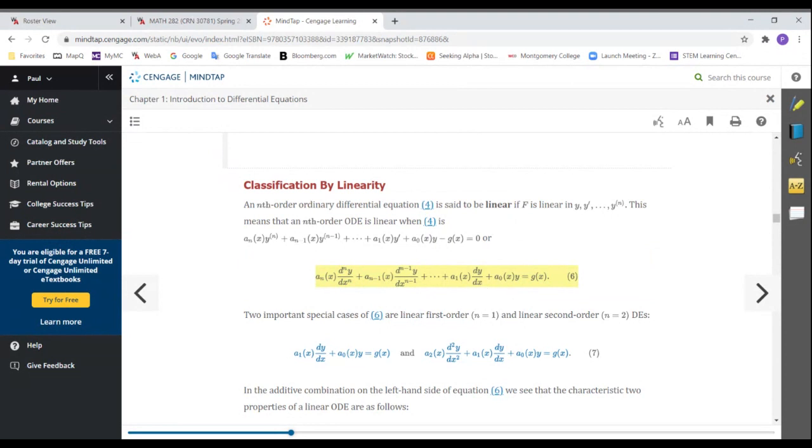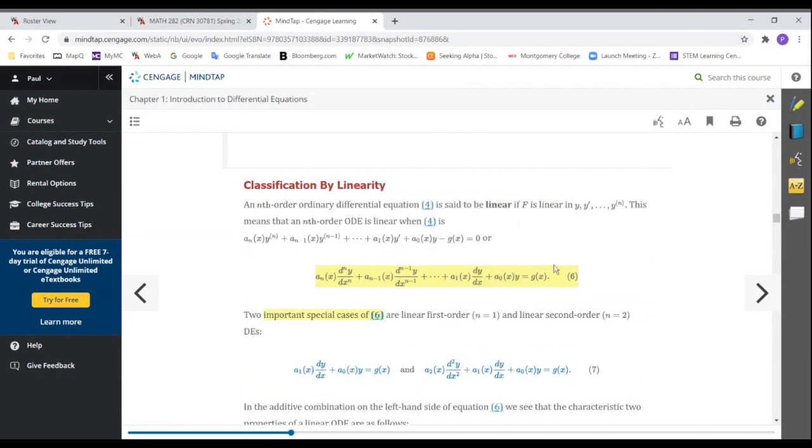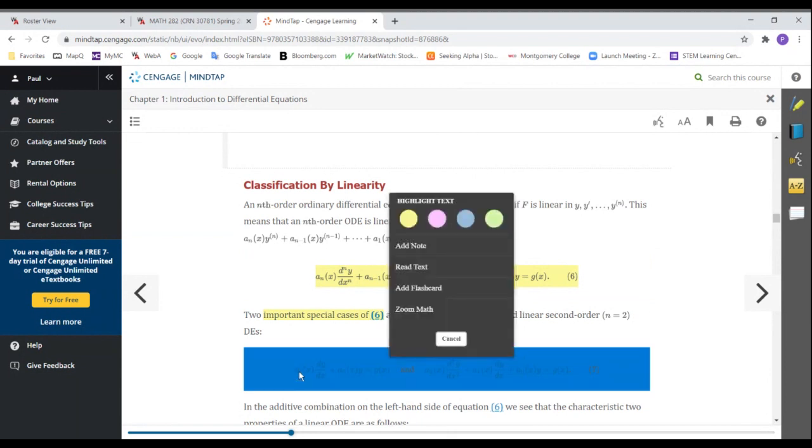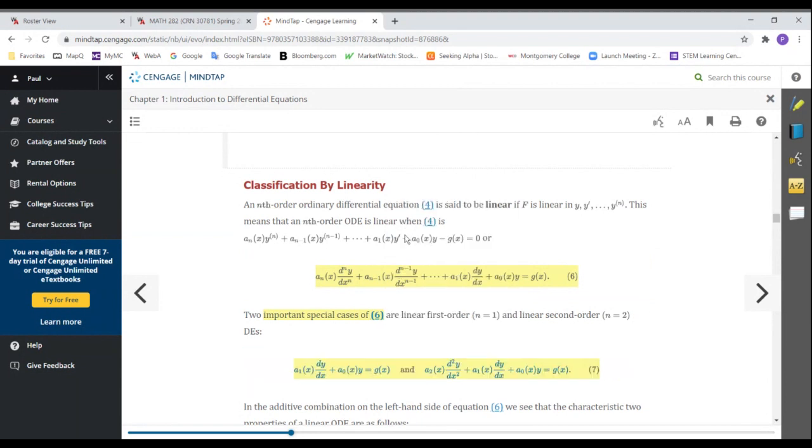Differential equations have what are called orders to them, and they can be linear or nonlinear.